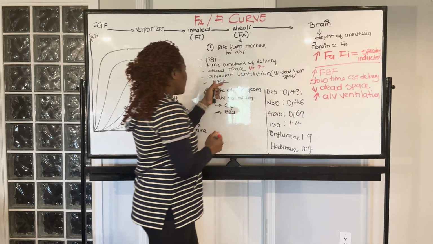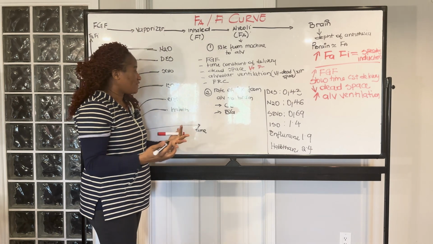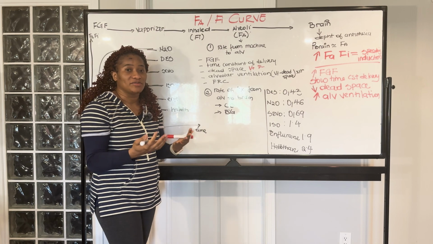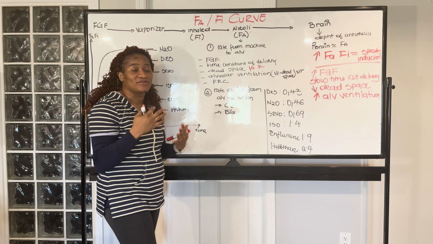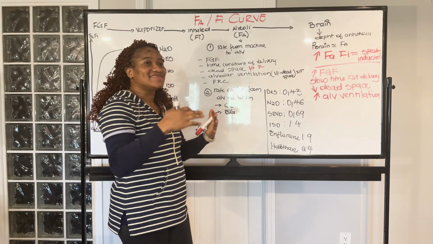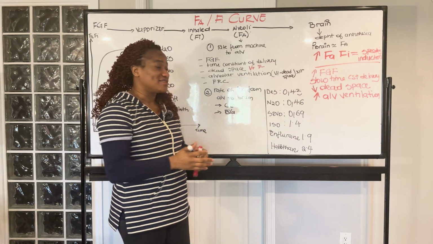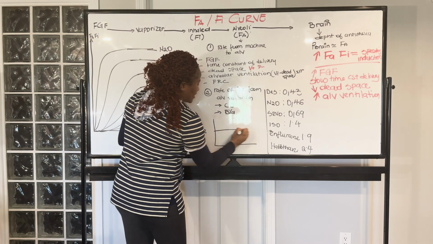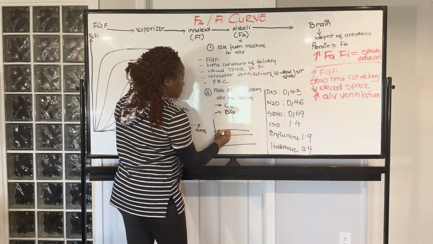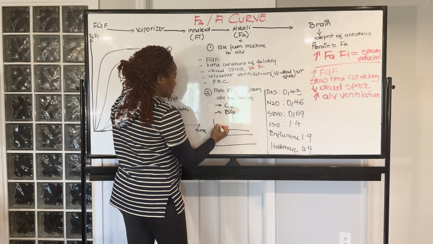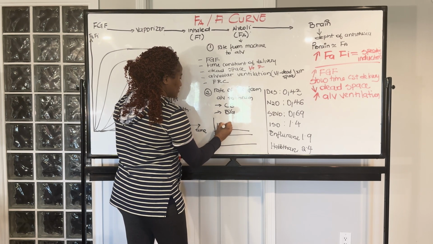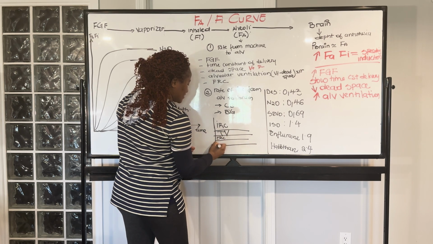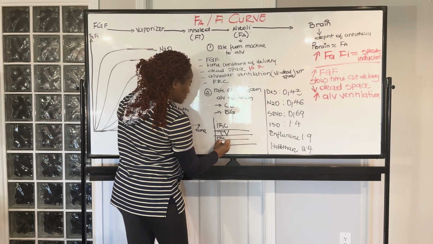Now let's talk about FRC. FRC is your residual volume of gas that is left in your lung after a normal tidal volume. So here I have my normal tidal volume, I have my inspiratory reserve volume, expiratory reserve volume, and residual volume.